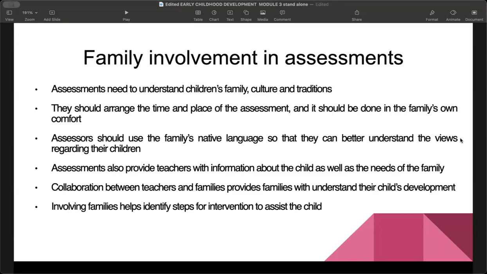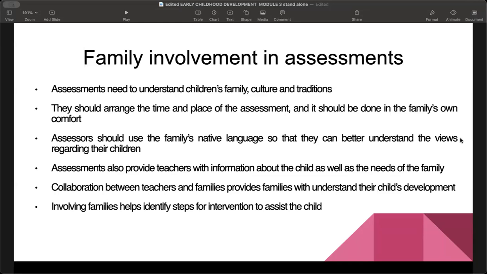We need to be sensitive to these differences so that we don't mark children down unfairly, right? The child may not be able to verbalize to you why he doesn't want to participate in a certain activity, but you having background on that child's cultural difference, religious difference, ethnicity difference, you should be able to understand why a child is perhaps reluctant or refusing to participate in a certain activity.